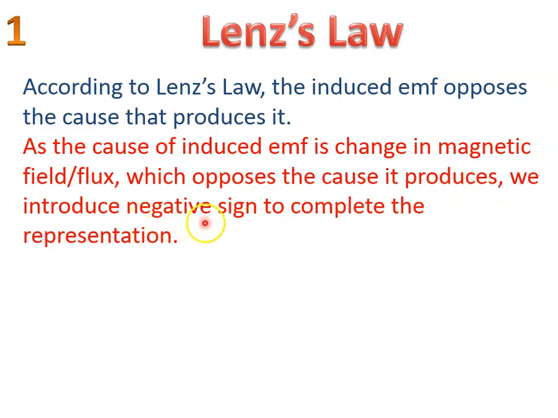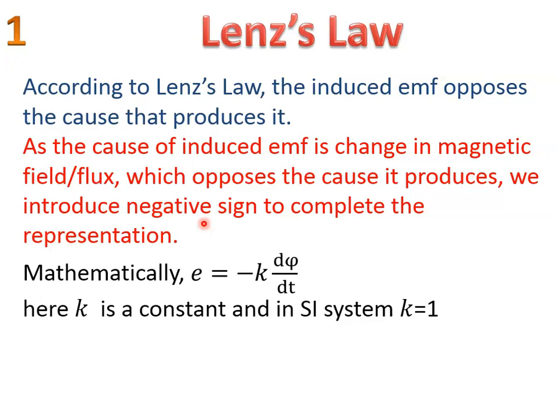in terms of a negative sign, and that makes a complete law, which is a combination of the basic Faraday's law and Lenz's law. Mathematically we write E equal to minus K times d phi by dt. Here the proportionality sign is replaced by an equality sign by introducing a constant K, and the minus sign is the result of Lenz's law.